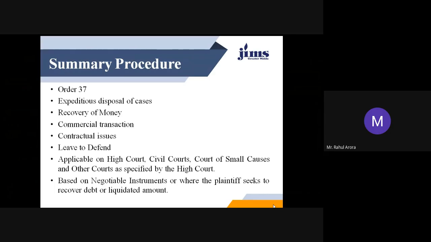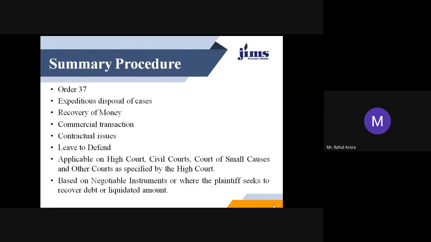The object behind the institution of the civil suit under Order 37 is to expeditiously dispose of the case. And what type of cases can be filed, or what is the nature of the summary suit? It is only for recovery of money, wherein commercial transactions are involved. And it also deals with contractual issues.